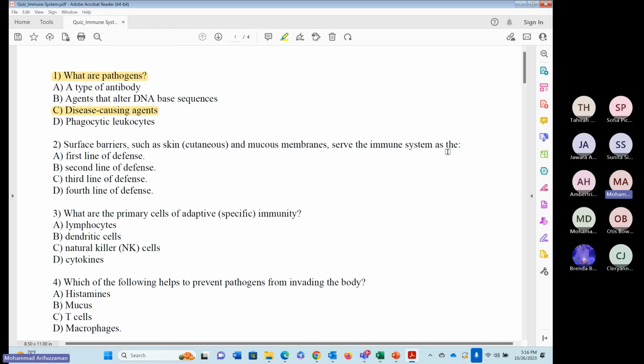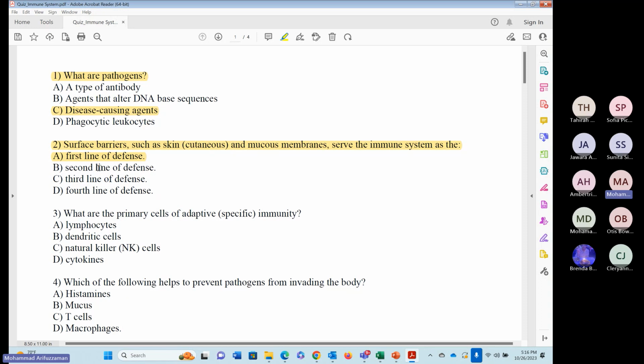These are pathogens. The surface barriers such as skin and mucous membrane serve the immune system as the first line of defense, because the skin and mucous membrane serve as the first line of defense.